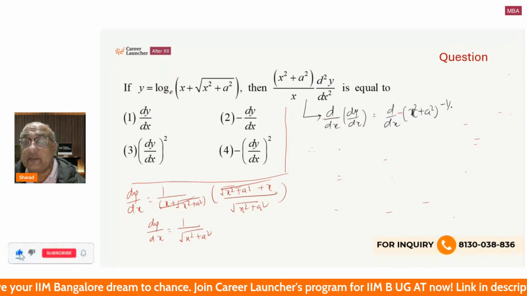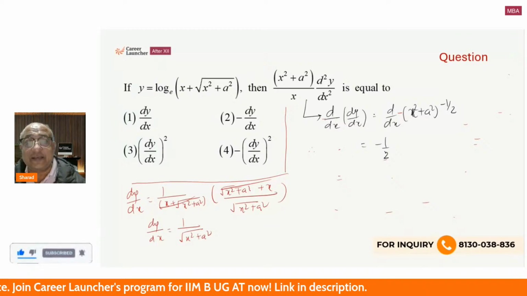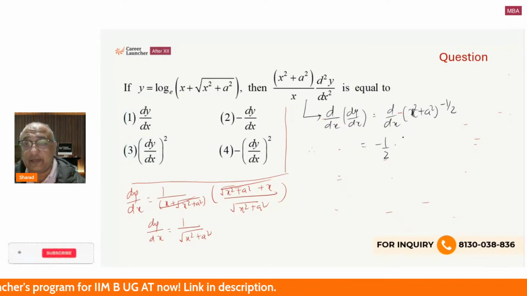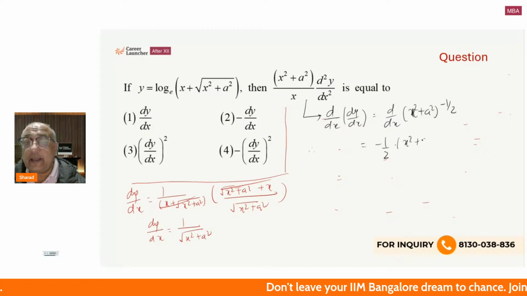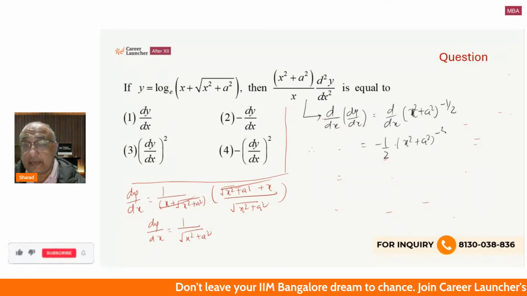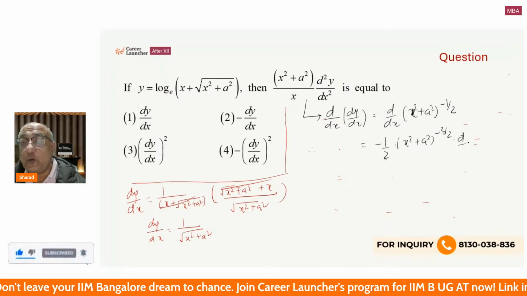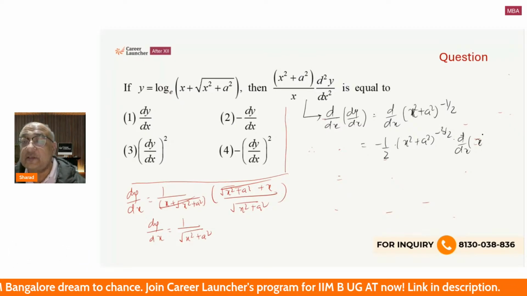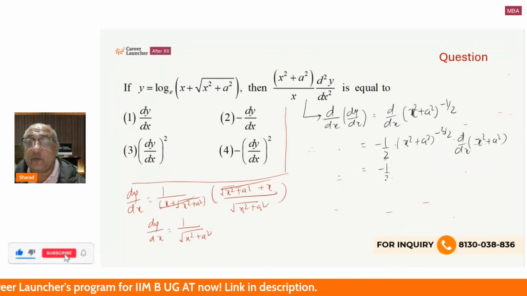So this is minus 1 by 2, so this will give me minus 1 by 2. And this will become x square plus y square raised to the power minus 3 by 2. And then again I have to differentiate x square plus y square. That's good. Minus 1 by 2.